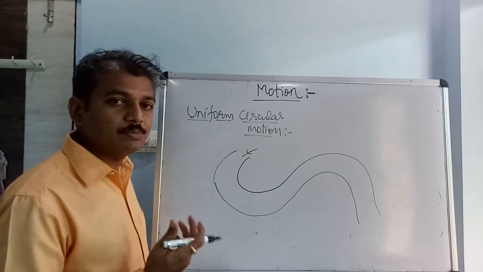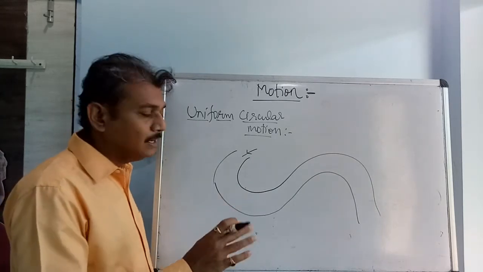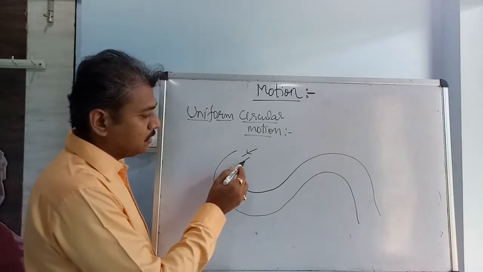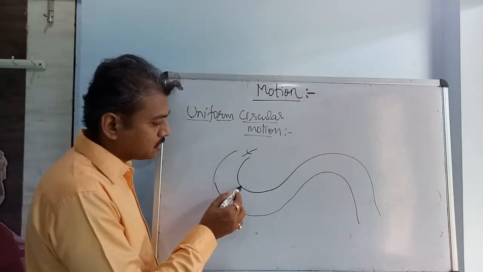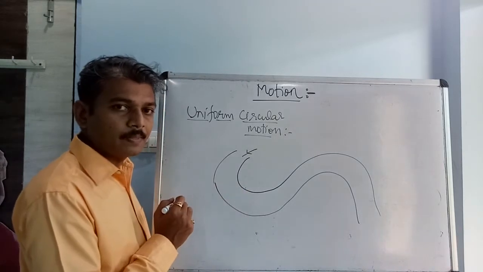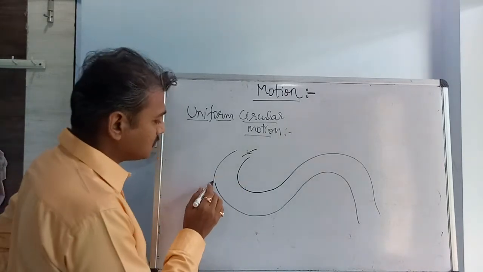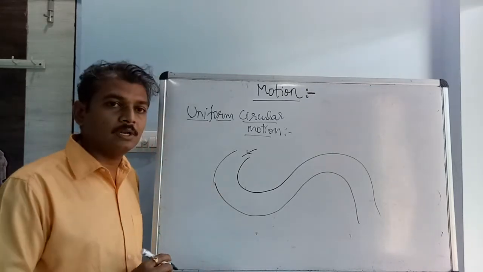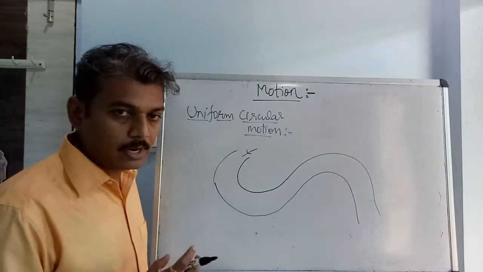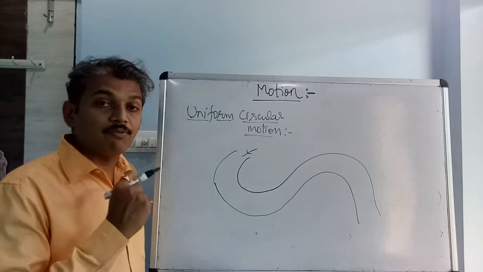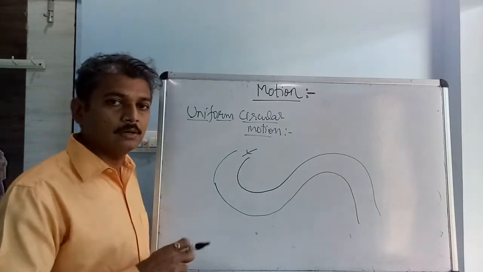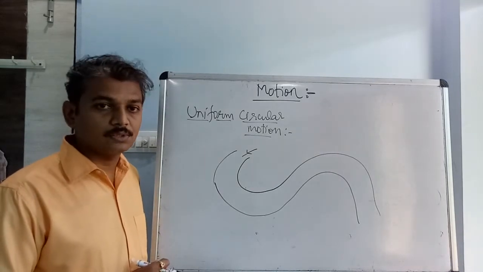If they reduce the speed, they will lag behind. That's why they continue with the same speed, but they stick to the inner circle, and by sticking to it, they are acted upon by centripetal force. The force which is center seeking is called centripetal force.